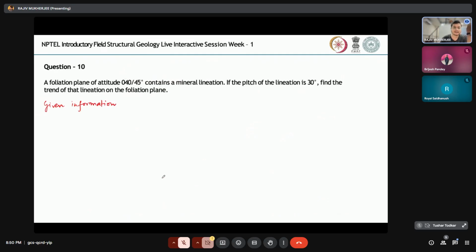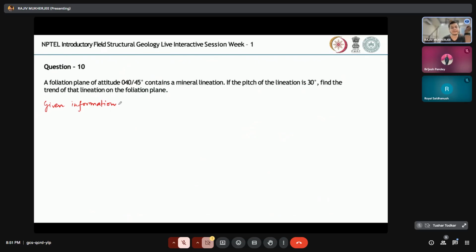So another set of formula that I am showing you, in this case, if you have the known value of pitch, the strike, the dip, and these kind of things, then you can easily infer the trend of the lineation and in fact the plunge. So we will use this formula.